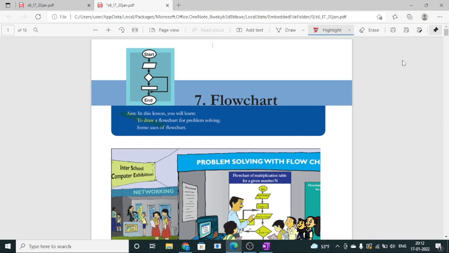Let me tell you that for any programmer, flowchart is the first step to being a good programmer. Flowchart teaches us how to code, what is the process of coding. To be a good programmer, honestly, we should understand what a flowchart is.